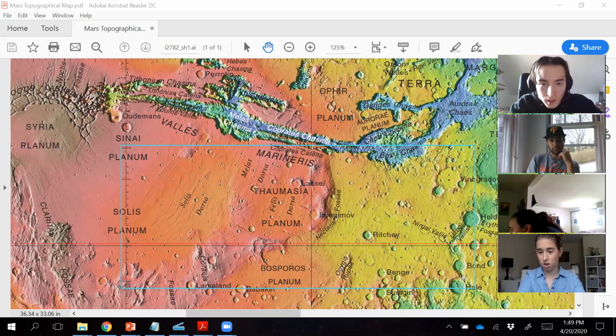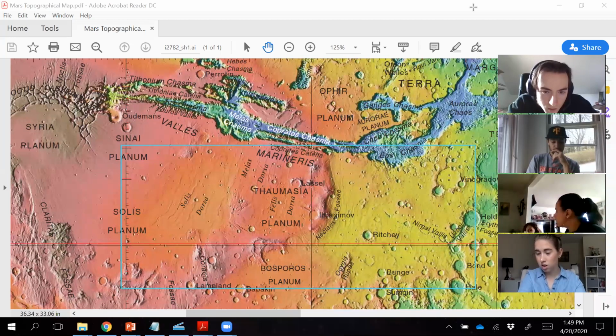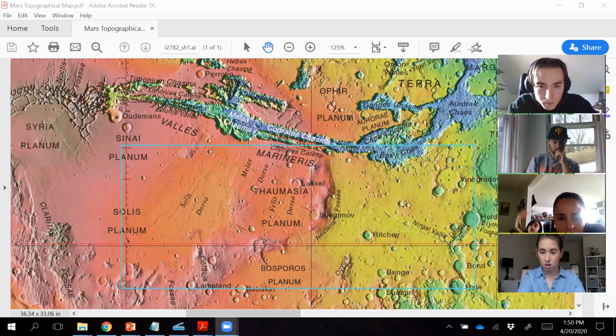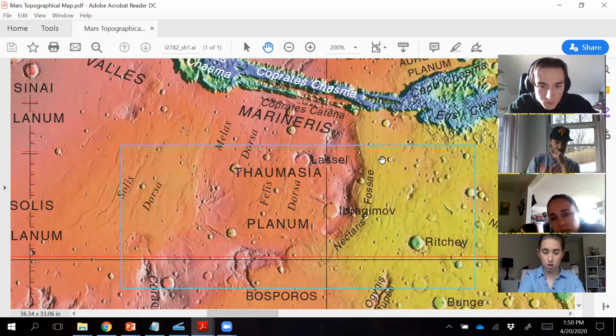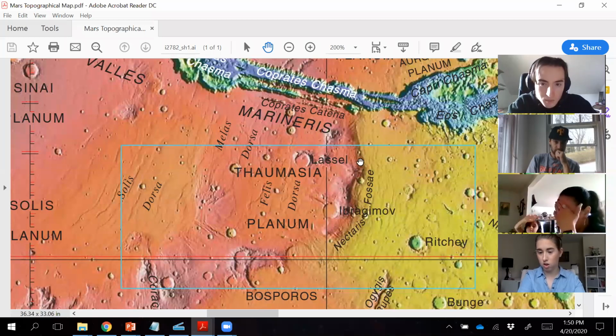The red and white elevation to the yellow elevation. Yeah, what's that structure called there? Let me zoom in. Daedalia Planum. Well, I was thinking they were referring to this lump here, the Nectaris Fossae. That's kind of the vertical boundary, right?